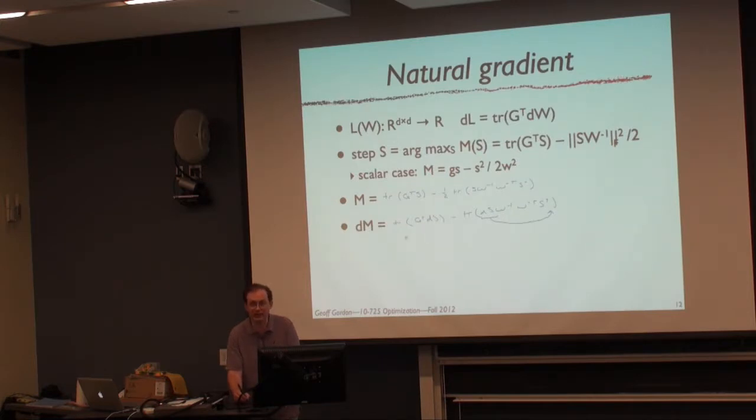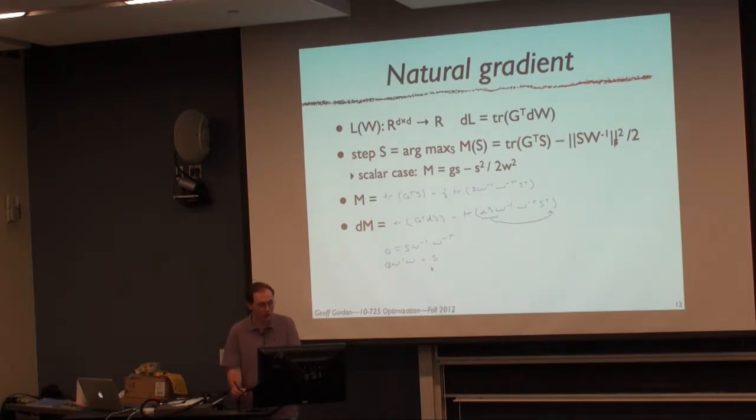The transpose of that is the actual gradient, so I get the gradient being G minus, with the whole thing transposed, S times W inverse transpose, right? I can set that equal to 0, which means I set G equal to that thing. Multiply through by W and W transpose, and I wind up getting G times W transpose W as our step.